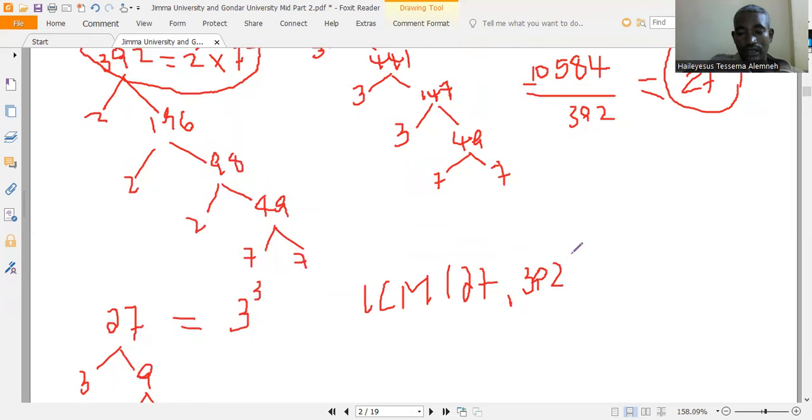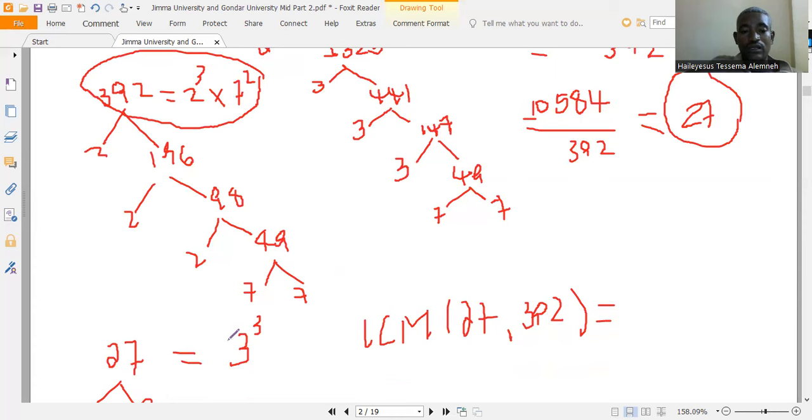የ392 የኤልሲኤም እንፈልግ። ኤልሲኤም ስንፈልግ በጋራ የሚገኝ ከሆነ ሃየር ፓወሩን፣ እና ደግሞ ያልተገኙትን እናደርጋለን። ስለዚህ እዚህ ጋር በጋራ የሚገኝ ምንም ነገር የለም፣ ስለዚህ 3 the power of 3 times 2 the power of 3 times 7 the power of 3 which is the LCM of the two numbers.